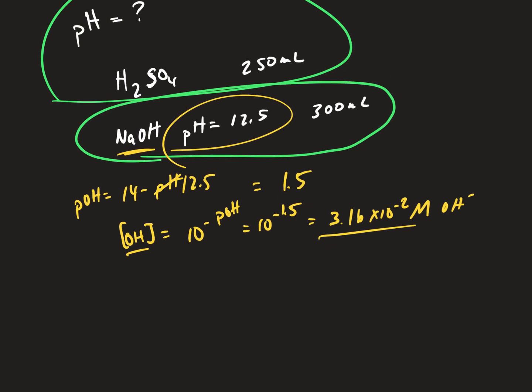If we convert this to liters, this is milliliters of NaOH, not OH. But what do we know? It's a 1-to-1 ratio, right?